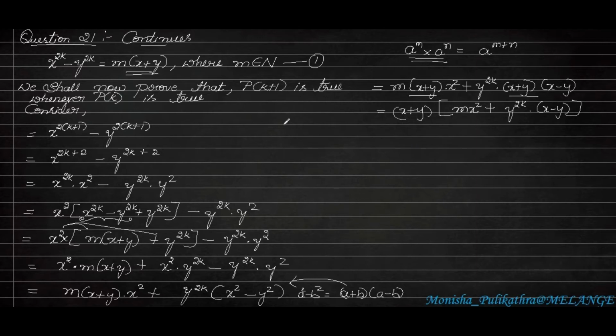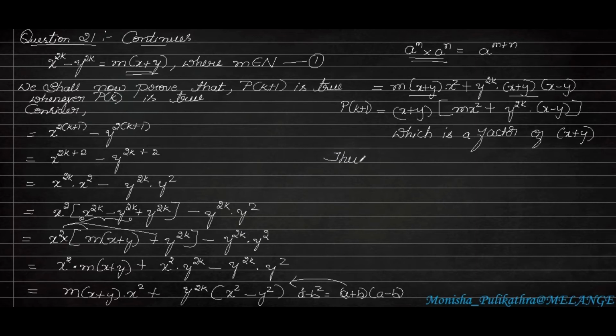Now since this whole equation can be divided by x plus y, we can write it as: this equation, that is p of k plus 1, is a factor of x plus y. Since in this whole equation x plus y is there, if we divide it by x plus y, we can cancel it. Therefore, it will become a factor of x plus y.